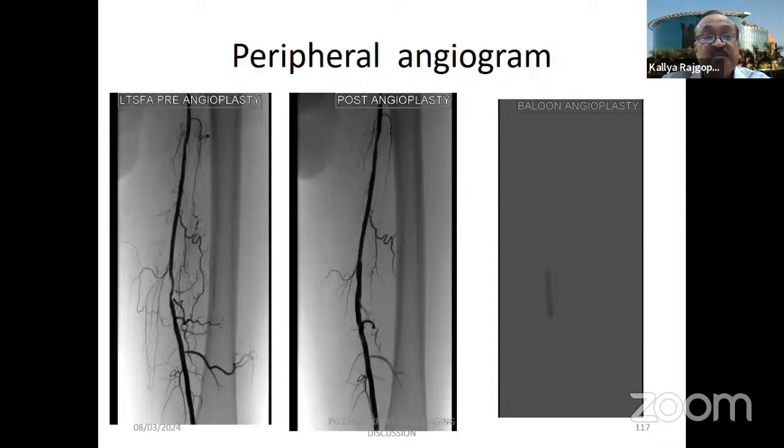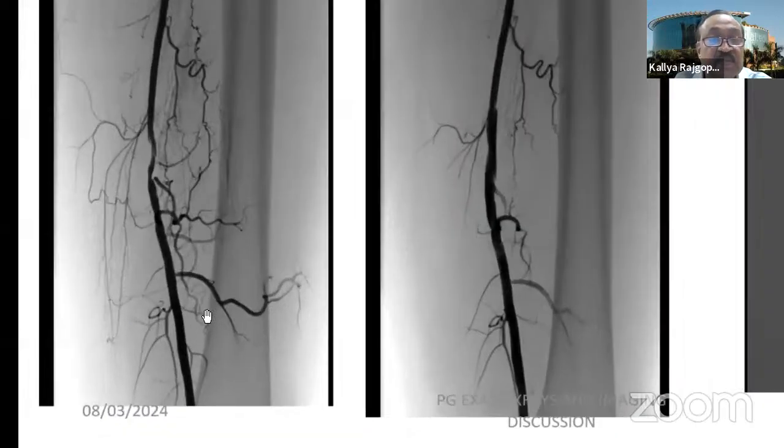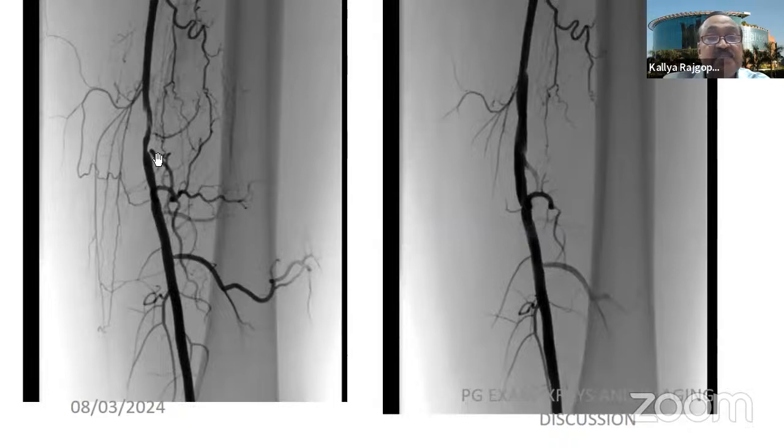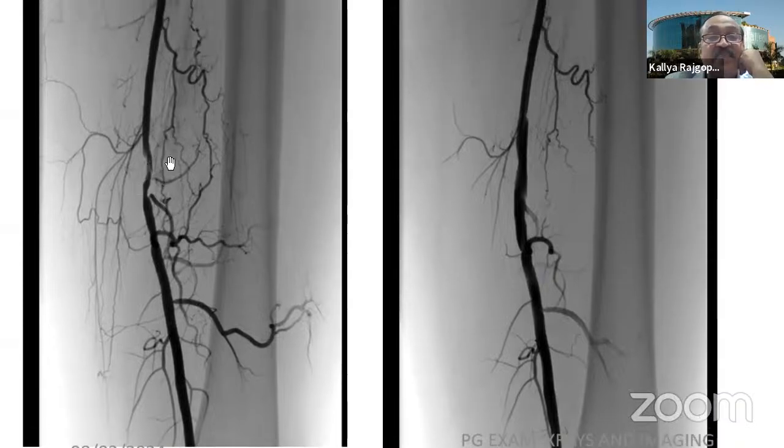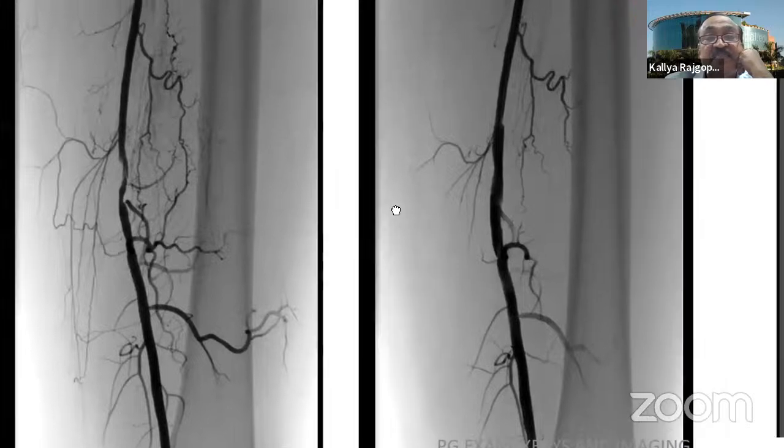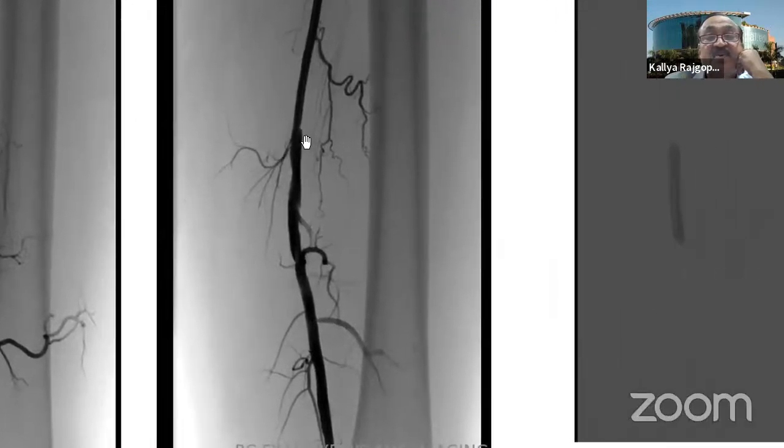If you see this picture, I think I will enlarge and show you. Yes. See that? This is the superficial femoral artery. At the typical place where it passes through the adductor canal, you can see the narrowing there, and look at the stent which is in place here.